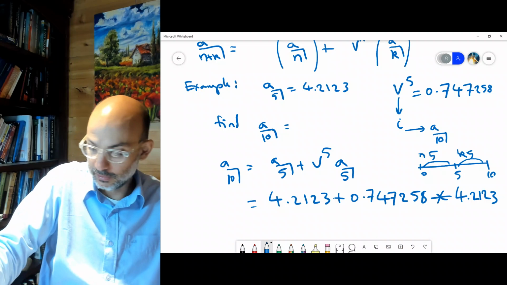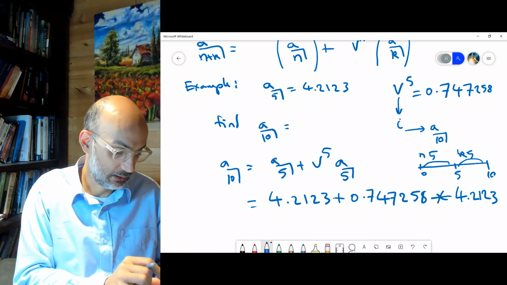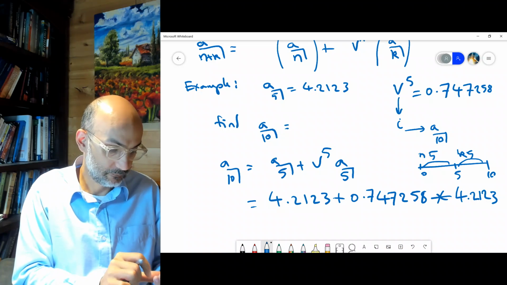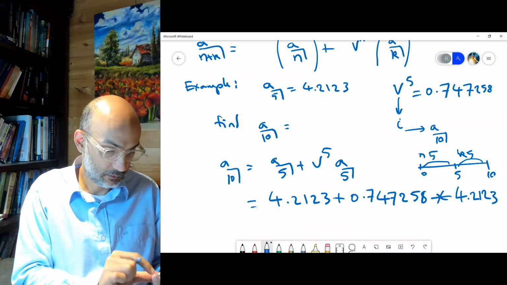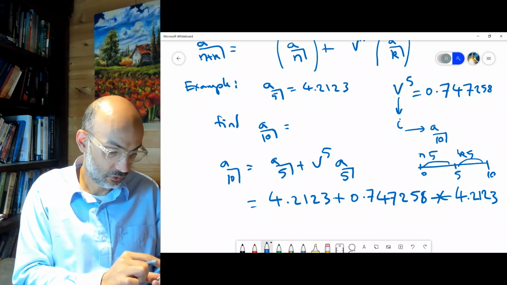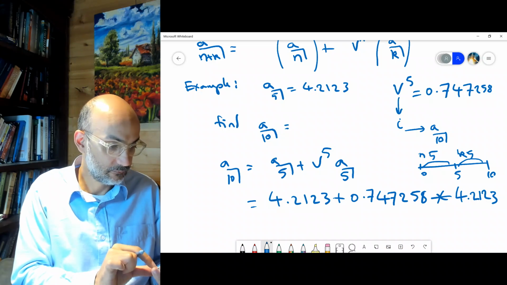If you use your calculator, which I will do quickly: 4.2123 plus 0.747258 multiplied by the same 4.2123.